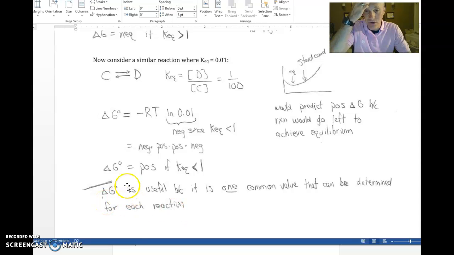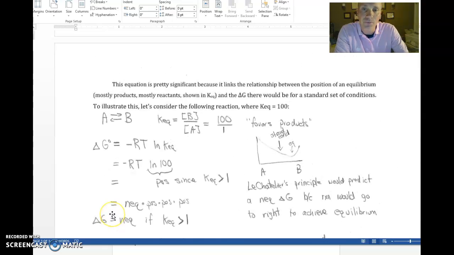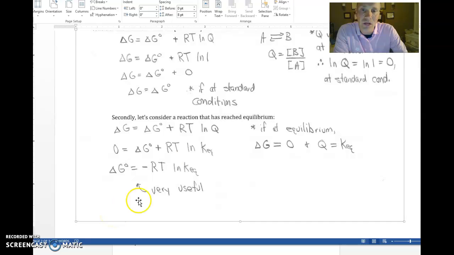So for any given reaction, if it was an actual chemical reaction, you can look up in references and find what the standard state delta G would be. And one reason that that's useful is if we go back to the equation that we were using in the previous video, if we know this right here, we can look that up in a reference table.